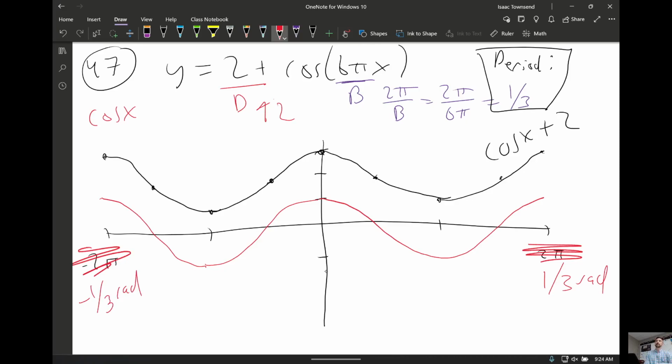Now my graph has a period of 1/3 radian without me trying to reinvent the wheel there. Your x-axis can be any terms that you want, whatever's convenient. Doesn't have to be in terms of pi even. And then of course, I need to be clear which one of those two is my answer. So be able to calculate the vertical shift and the period, and then make those changes to the cosine graph.